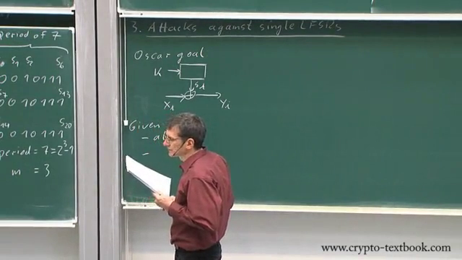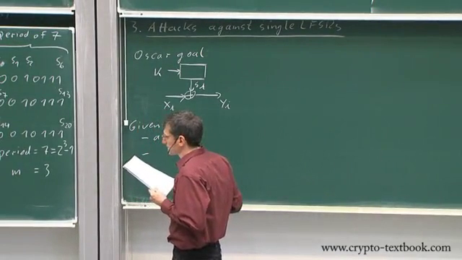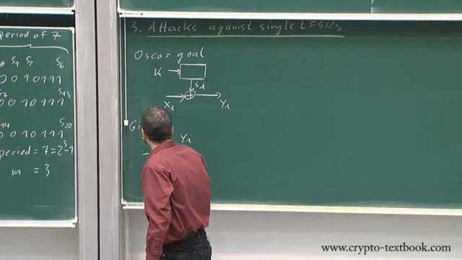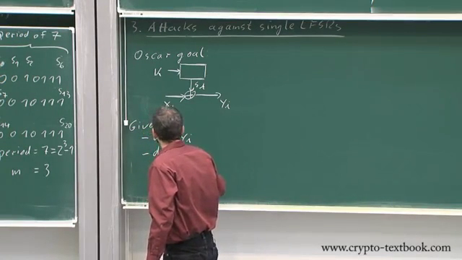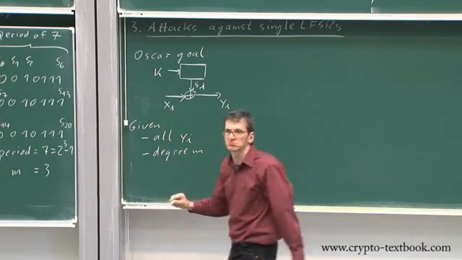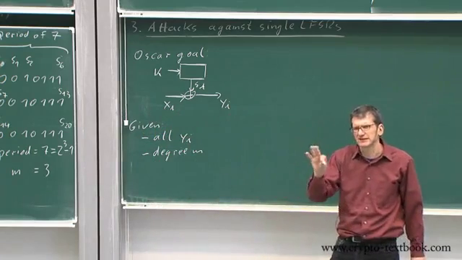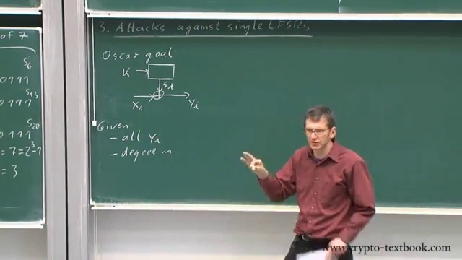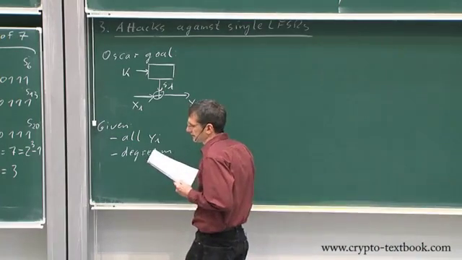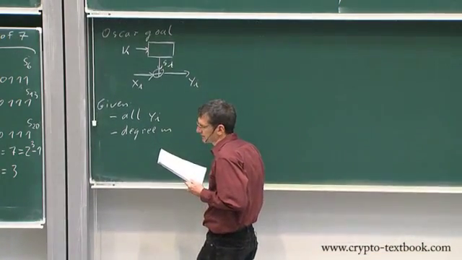Secondly, he knows the degree m of the LFSR. If he doesn't know, he can guess. He will see it's a very fast attack. If you don't know that, you just guess it and try all different m values.